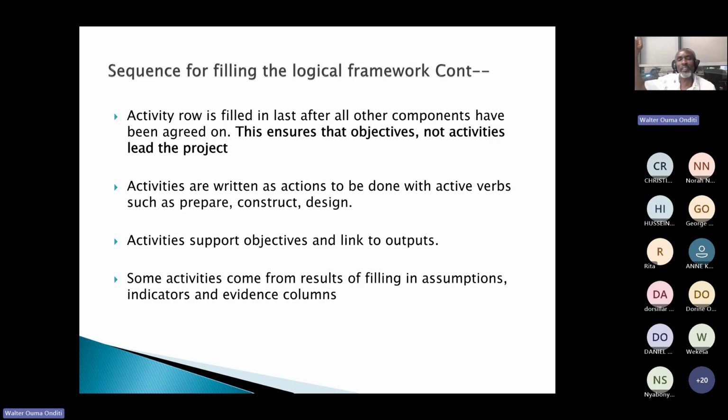You should think about the impact, then the outcome, then the output. And at that point, now you can think about what activity then will deliver that. I don't know whether that is really clear. Activities are written, as we had said, as actions with active verbs, support objectives and link to output. Some activities come from results of filling in the assumptions, indicators, and evidence columns.